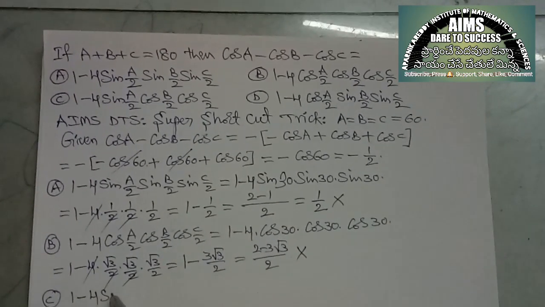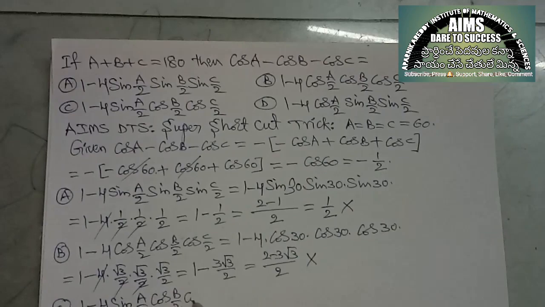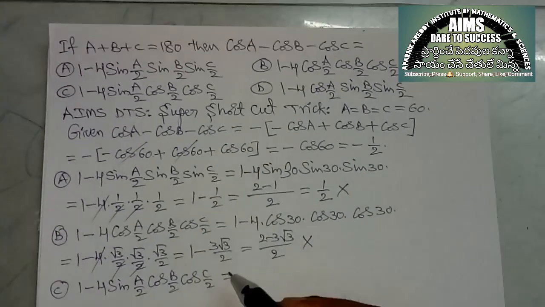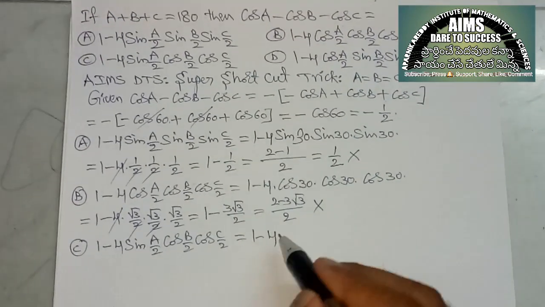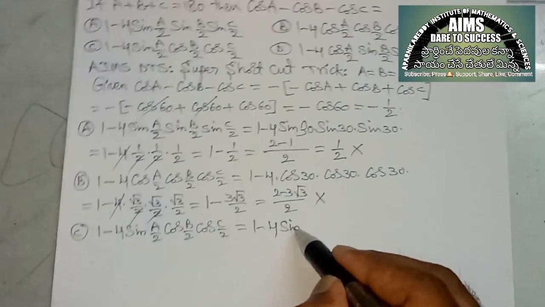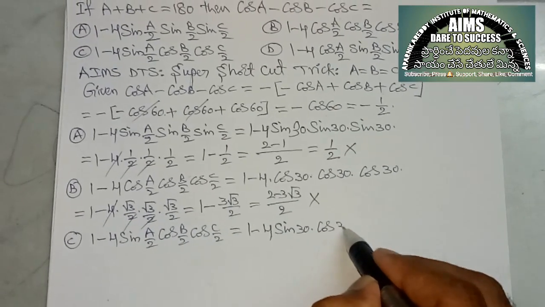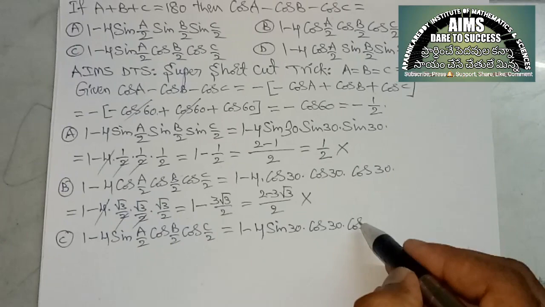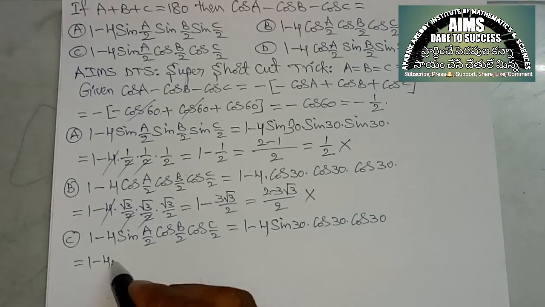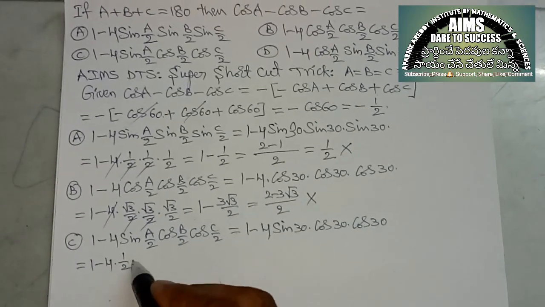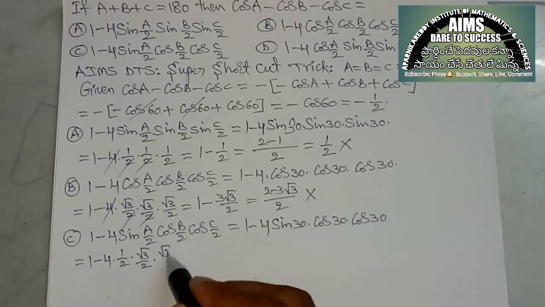That is 1 minus 4 sin A by 2 cos B by 2 cos C by 2 equal to 1 minus 4 into sin A by 2, value 60 by 2, 30, into cos B by 2, 60 by 2, 30, into cos C by 2, 60 by 2, 30, is equal to 1 minus 4 into sin 30, 1 by 2, into cos 30, root 3 by 2, into cos 30, root 3 by 2.